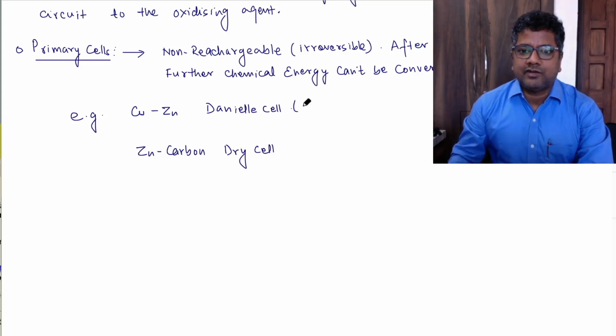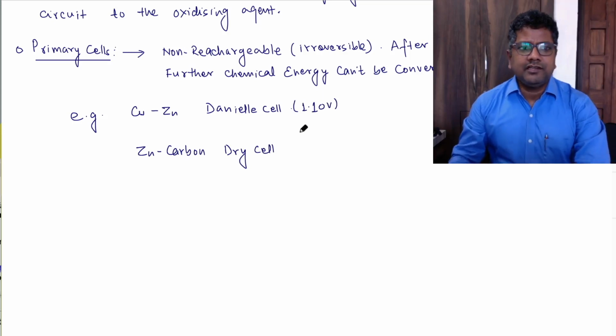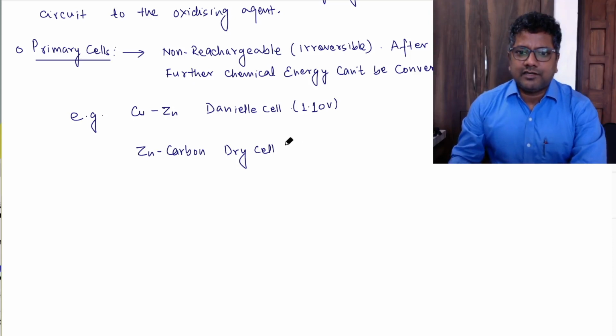The voltage of the Daniell cell is 1.1 volt, and the voltage of the zinc-carbon cell is 1.5 volt.